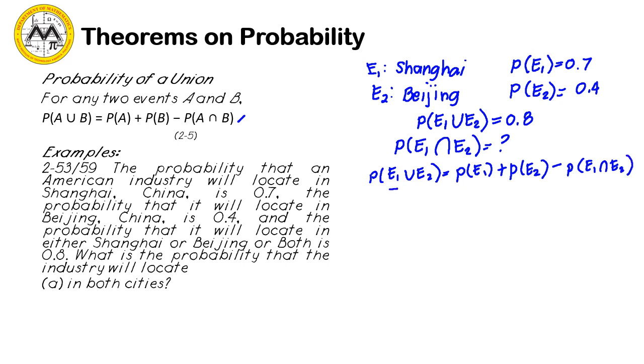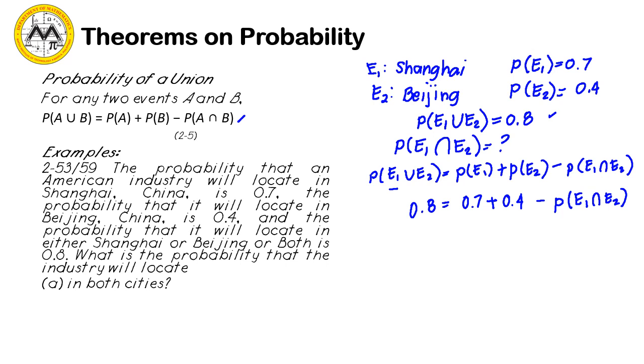We are given event 1 union event 2 to be 0.8, while the probability of event 1 is 0.7 and the probability of event 2 is 0.4, minus the unknown, the probability of event 1 intersection with event 2.